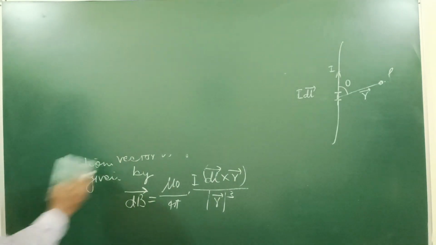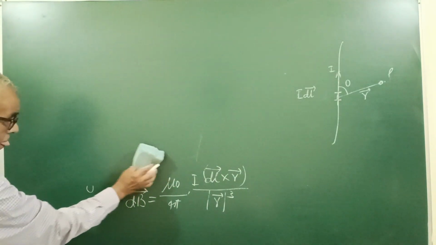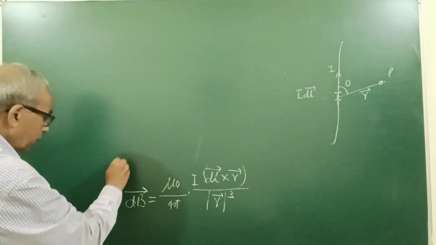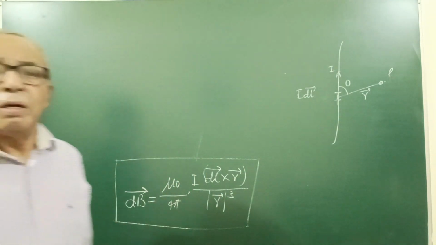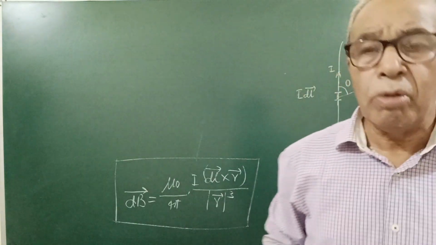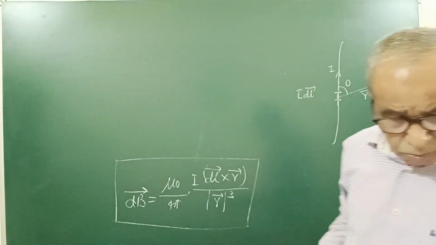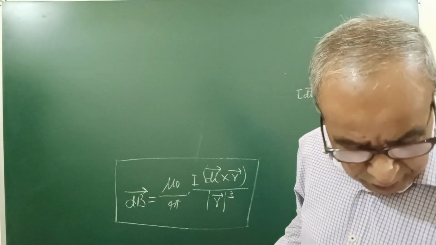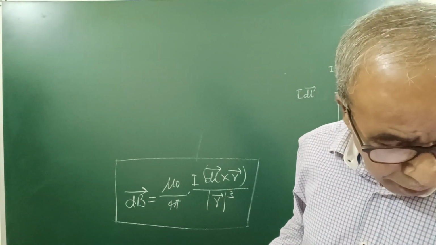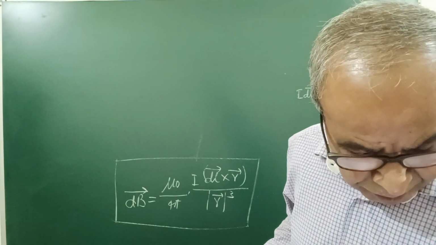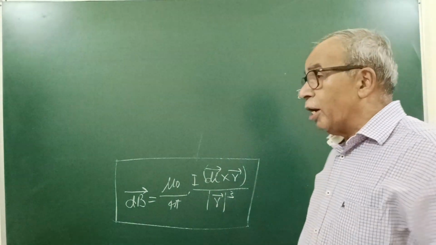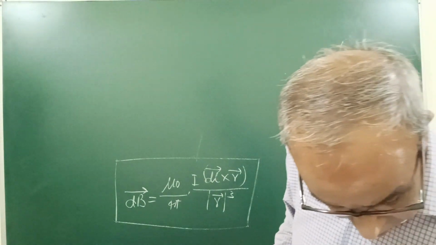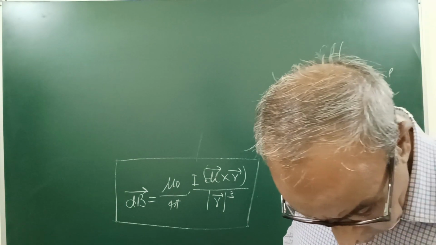Vector dB here is equal to mu 0 upon 4 pi I dl cross r upon modulus r cube.